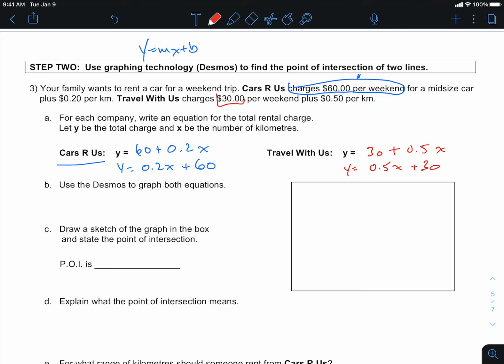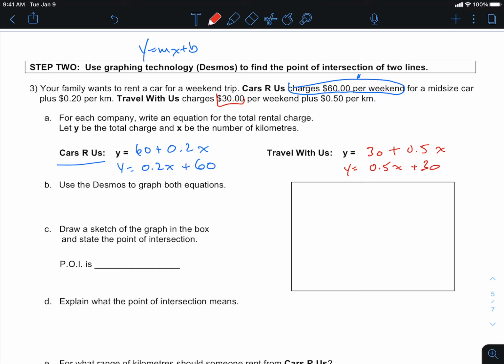Zoom out to see it. And then the second equation, they're going to charge you $30, so y equals 0.5x plus 30.